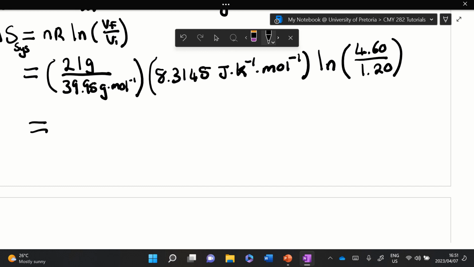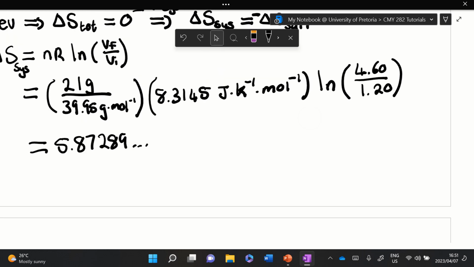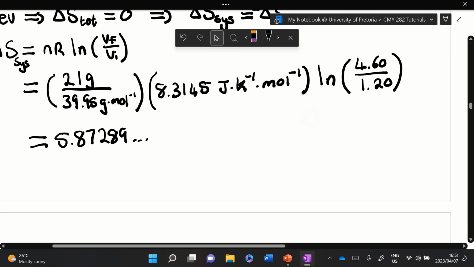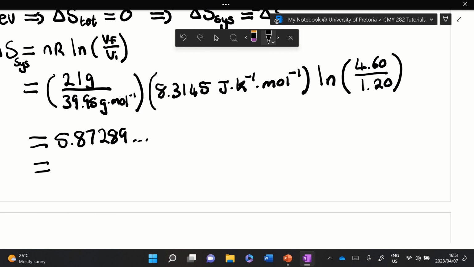And then we get 5.87289 and a bunch of numbers. We only have 21, which is 2 significant figures, so that's the least number of significant figures that we have. So we have 5.9 joules per Kelvin.